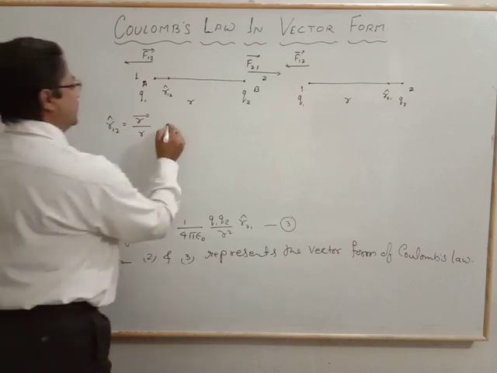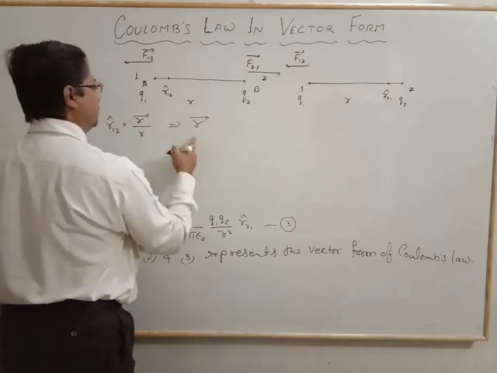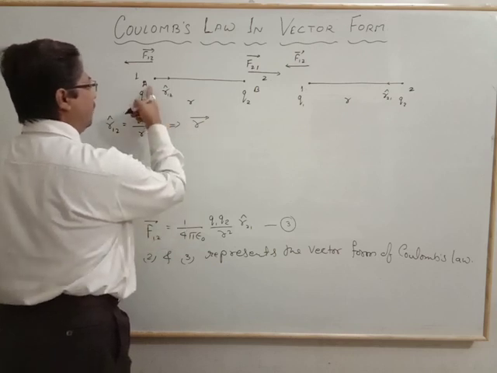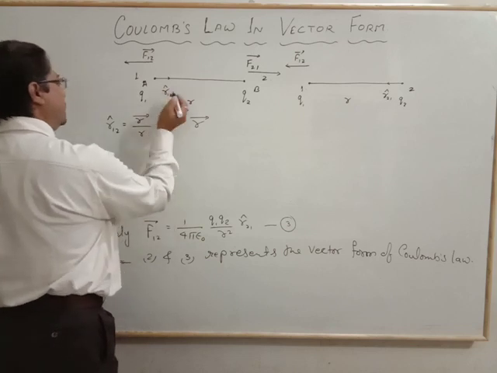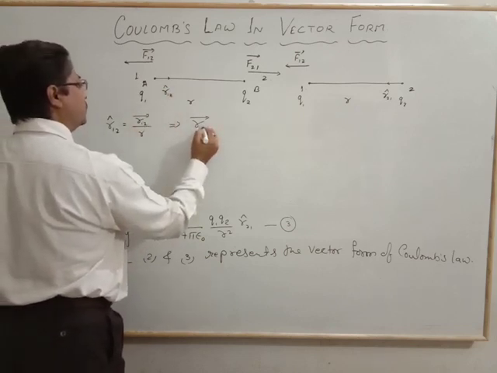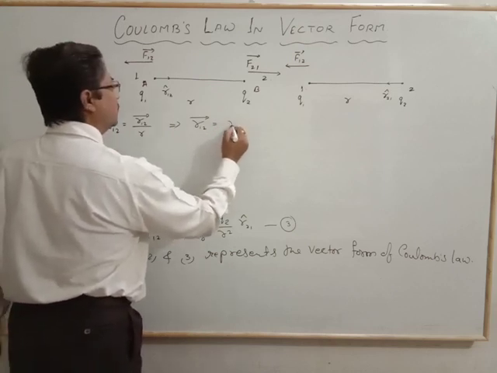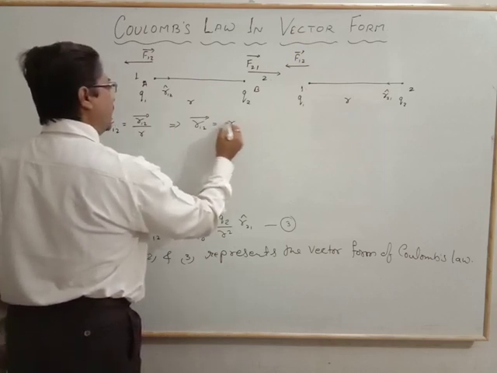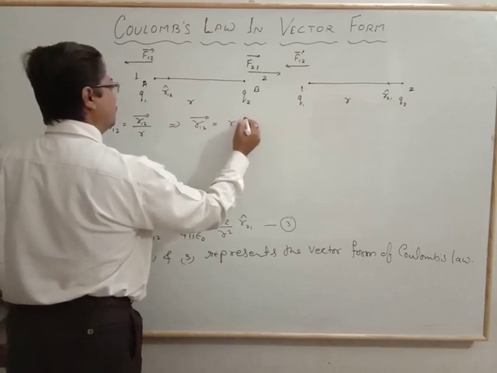Or we may write simply that the position vector R from 1 to 2 is equal to the magnitude times the unit vector R12.